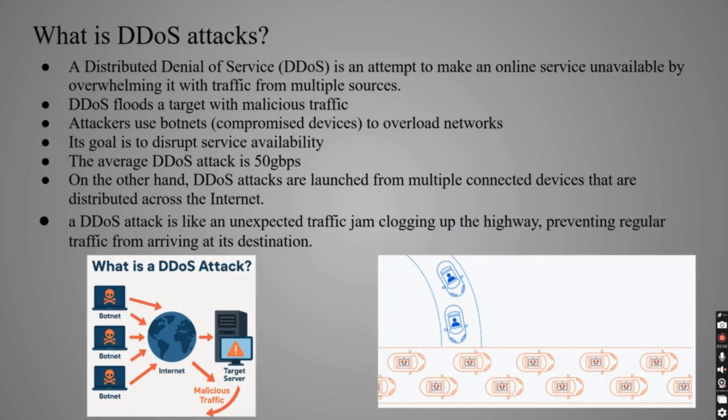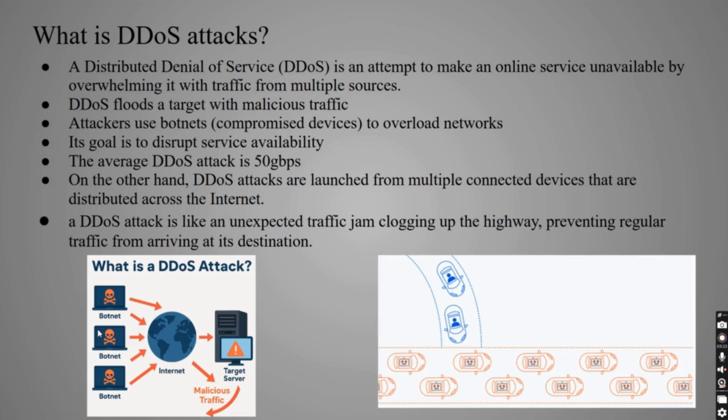A distributed denial of service, that is DDoS attack, is a malicious attempt to disrupt the normal traffic of a targeted server by overwhelming the target or its surrounding infrastructure with a flood of internet traffic. DDoS attacks achieve effectiveness by utilizing multiple computer systems, shown in the picture, as sources of attack traffic.